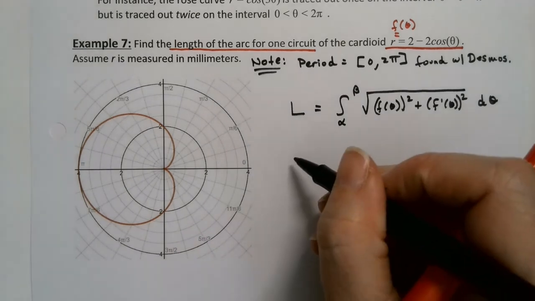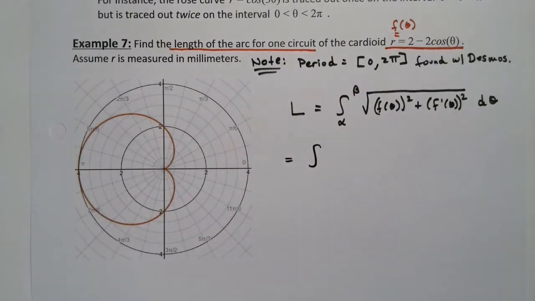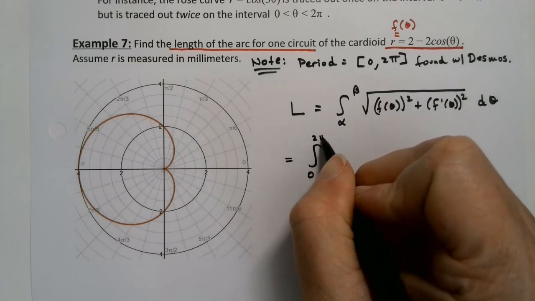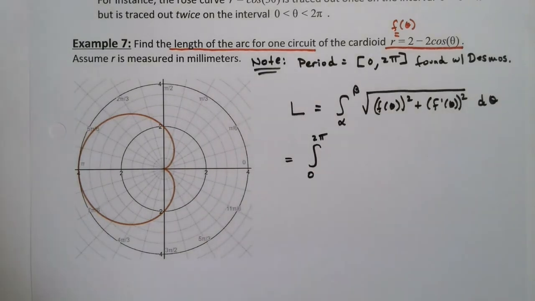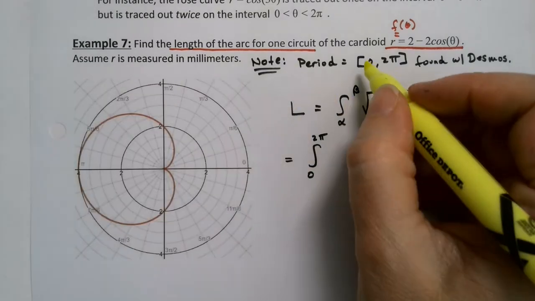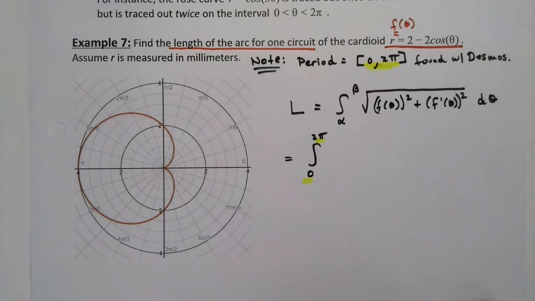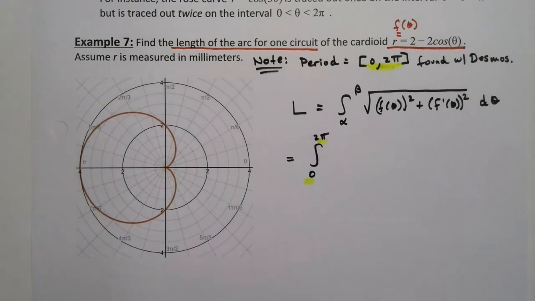All right, so this is equal to the integral. Now we just determined that that period was 0 to 2 pi. So the 0 and the 2 pi get us the limits of integration. That's where that comes from. All right, then a big square root.